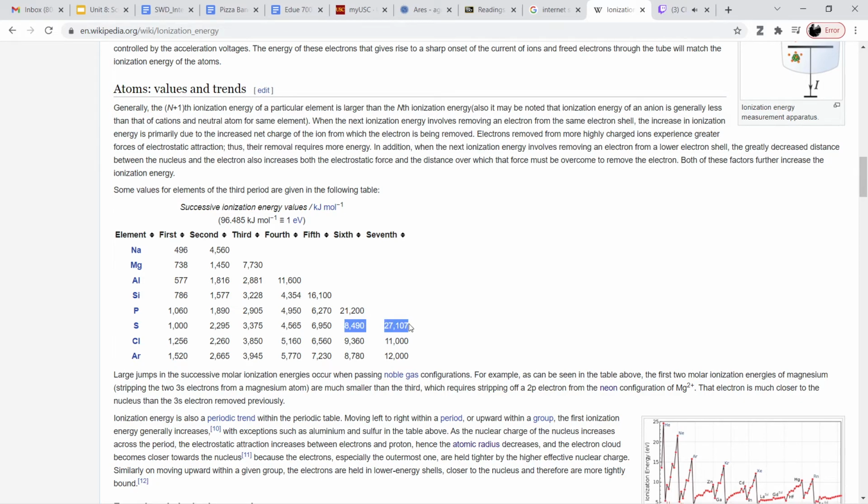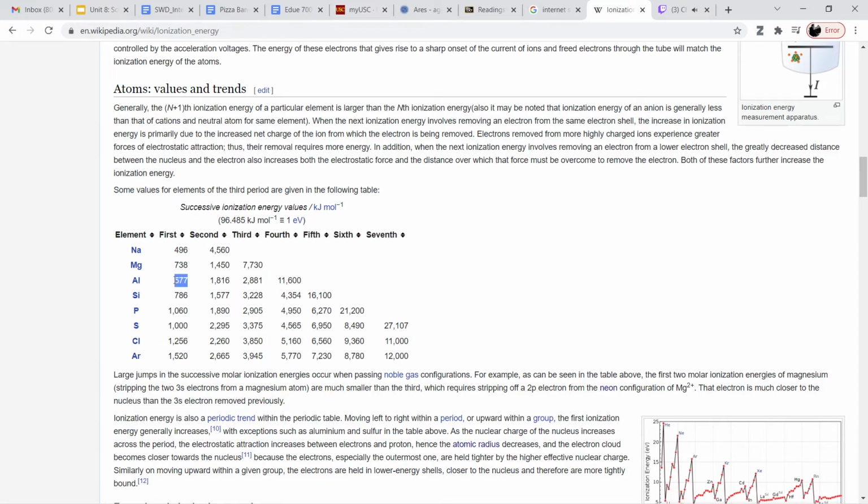And of course, we have this giant leap for sulfur. Notice chlorine, to lose its 7th one, it's kind of like whatever, because then it's going to reach a noble gas, but to lose an 8th electron would just be ridiculous. So let's look at the trend. In the first ionization energy, we see that it roughly goes up as we go to the right.